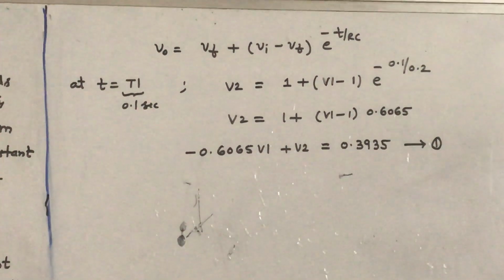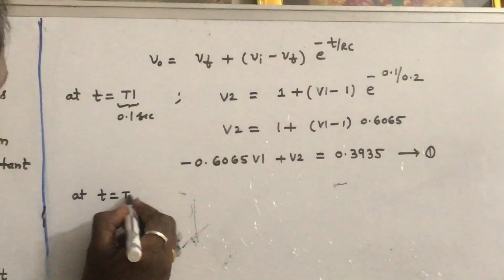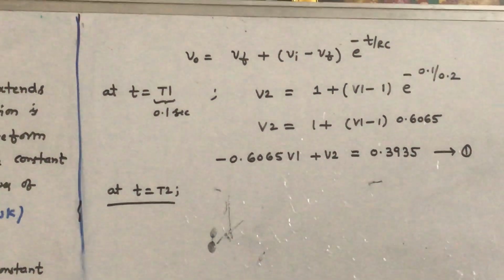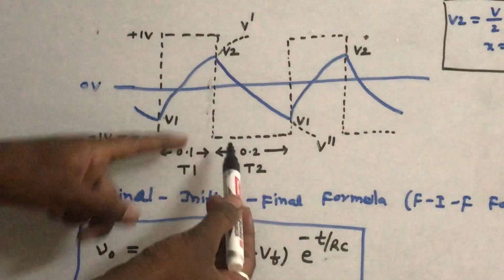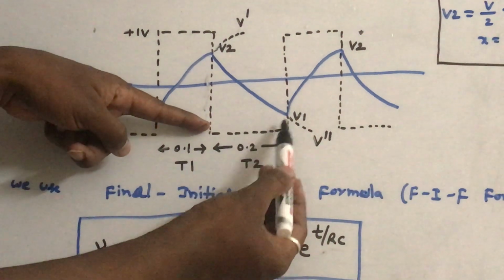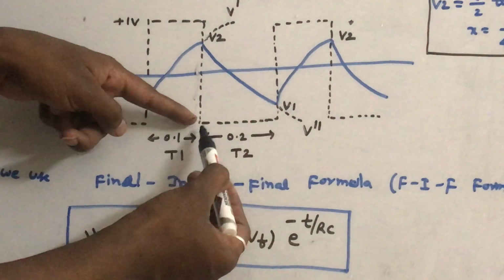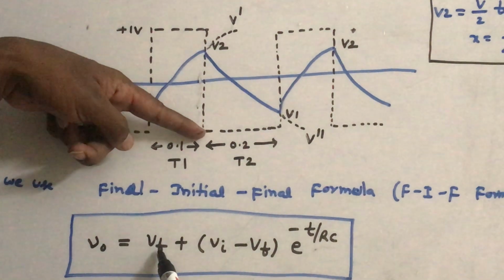Similarly, let us substitute the same relation at t is equal to t2. Come to this waveform. At t is equal to t2, what is the waveform voltage? V1. But what is the final value it has to reach?